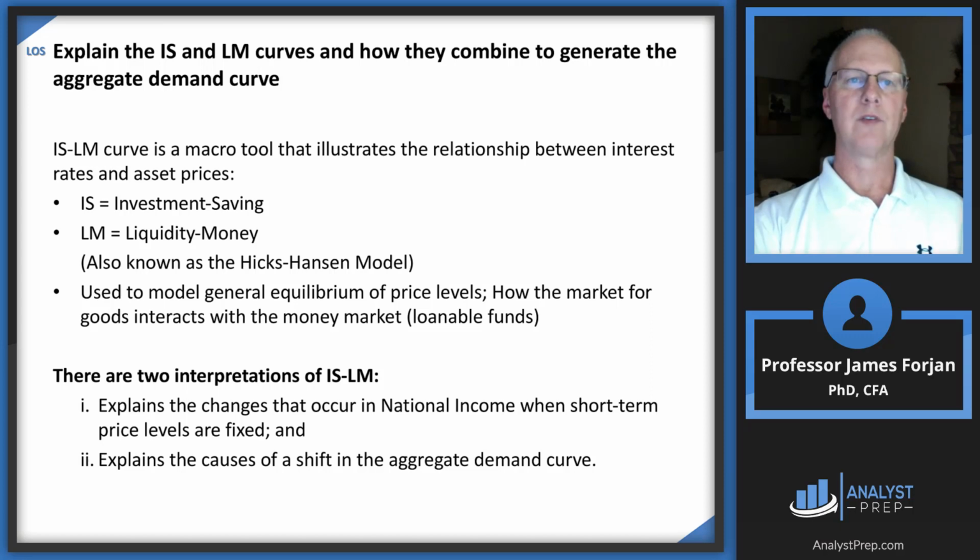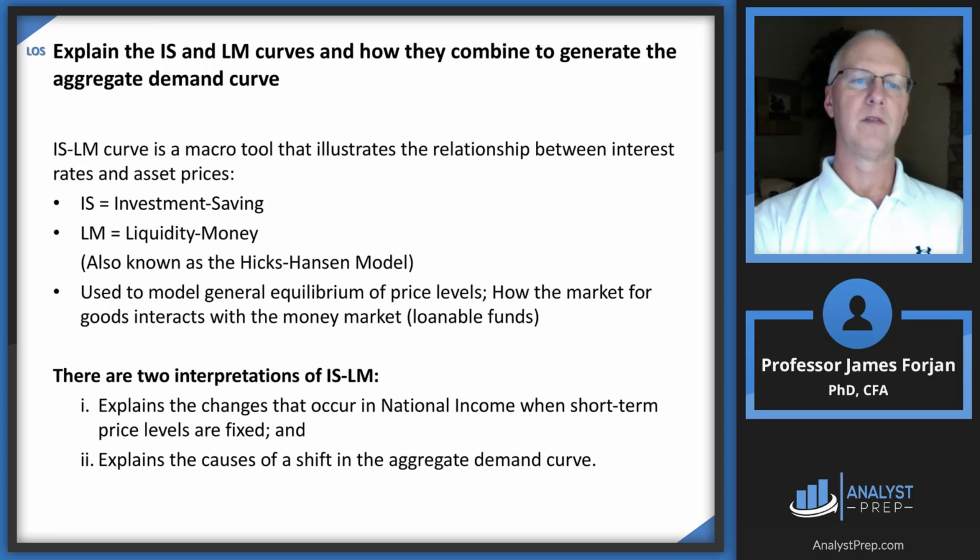Next, the LOS asks us to explain the IS and the LM curves and how they combine to generate the aggregate demand curve. All right, this IS-LM curve is a macro tool that illustrates the relationship between interest rates and asset prices and things like output. So IS is the investment-savings decision, and LM is liquidity-money.